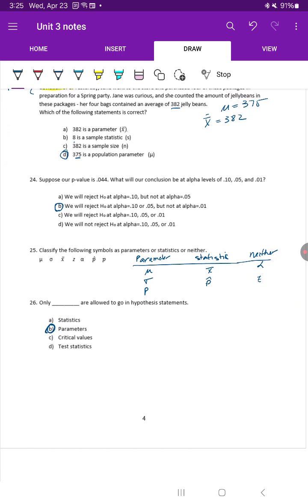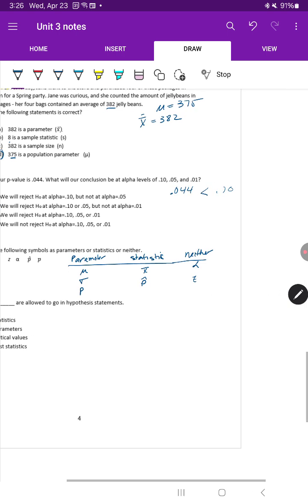Suppose our p-value is 0.044. What will our conclusion be at different alphas? At 0.1, we compare our p-value, 0.044, to alpha. My p-value is low, so we reject.